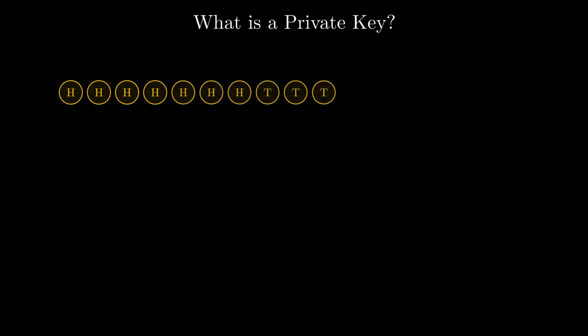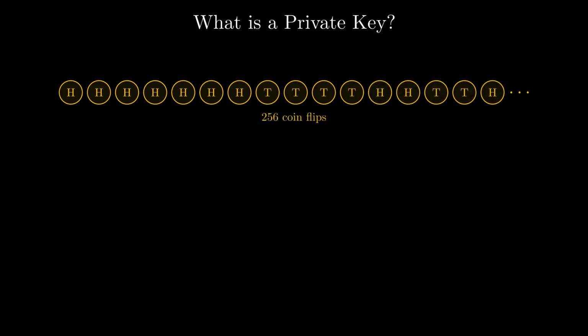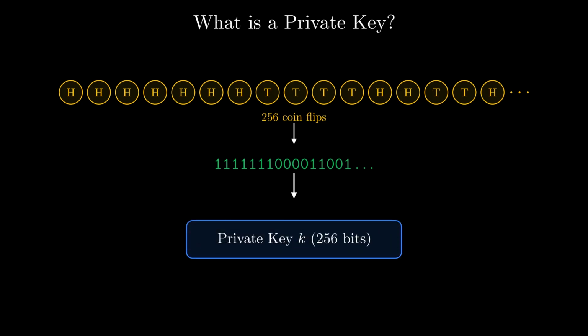So what exactly is a private key? It's not derived from a password or a phrase you choose. It's raw randomness, a 256-bit number, meaning 256 binary digits, each a 0 or a 1. Imagine flipping a fair coin 256 times and writing down the results. That string of bits is your private key.